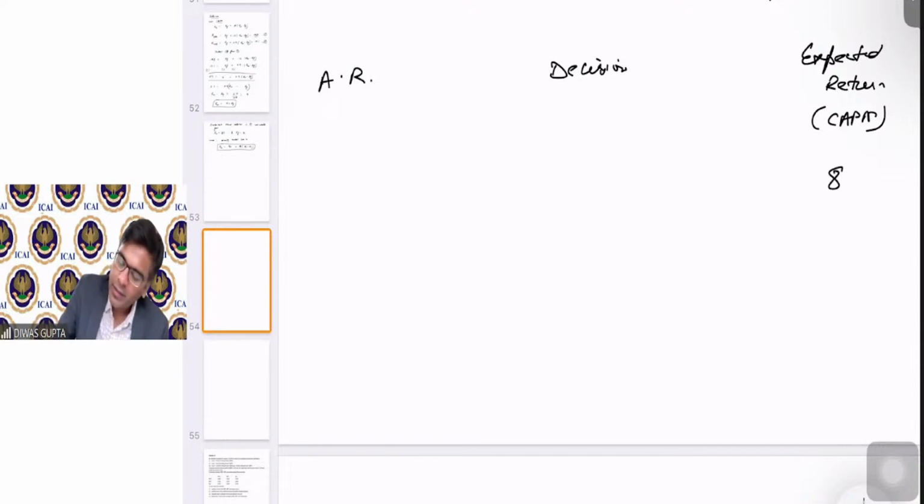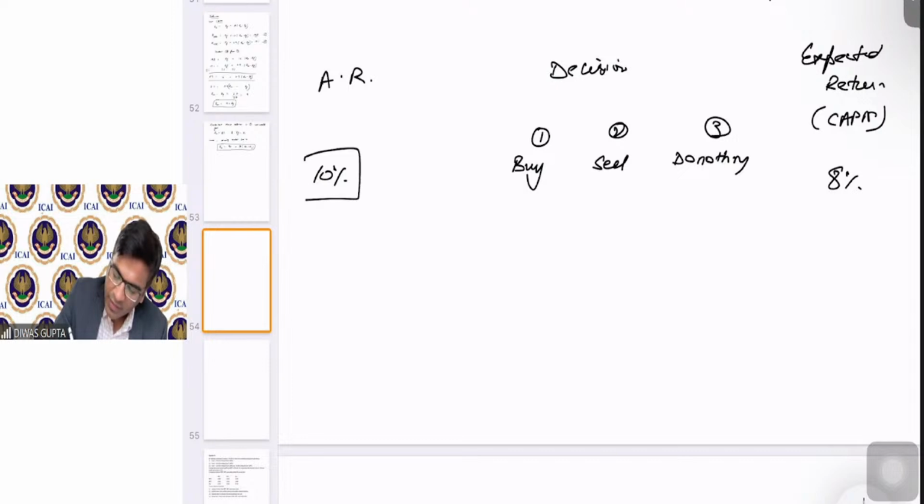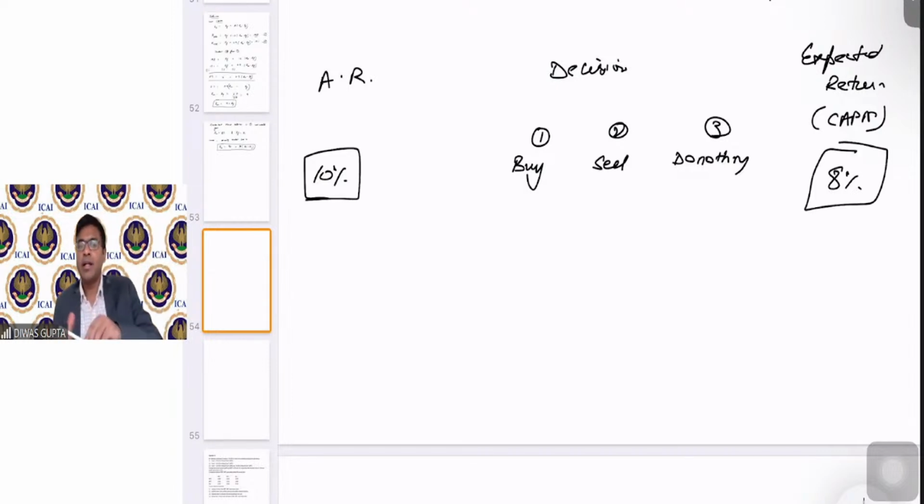CAPM says that you should at least get 8%, and the market is actually giving you 10%. So what will you do? Tell me, students, whether you will buy, sell, or do nothing. Tell me quickly. If the market is giving you 10%, your calculation says you should at least get 8%.